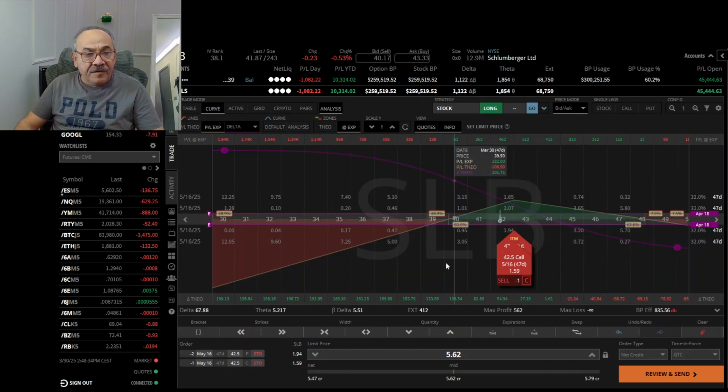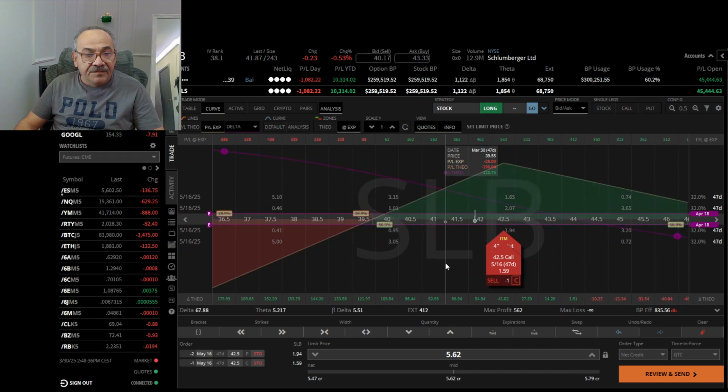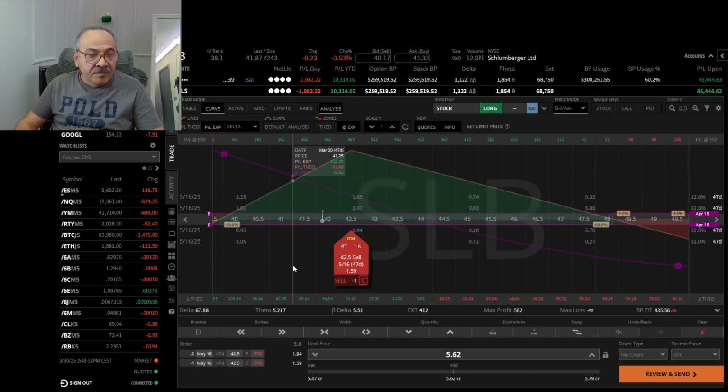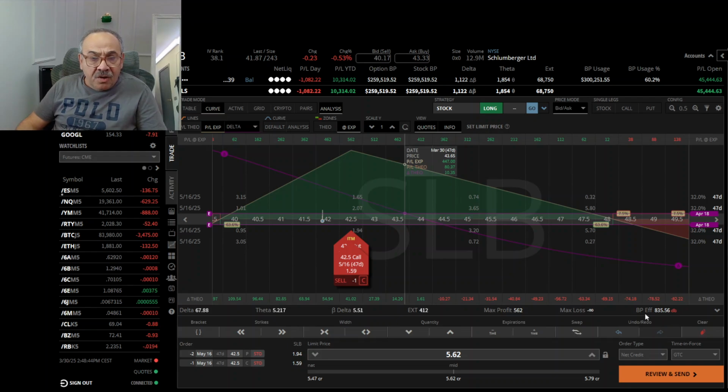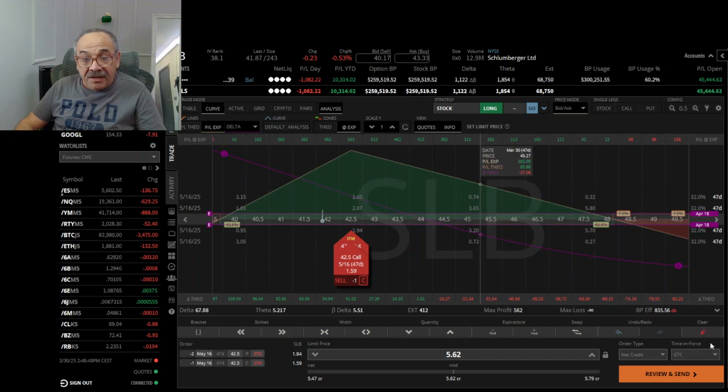Go to the curve. Yeah, buying power is a little bit higher again because it's shorter term and our naked puts are in the money right now. This is why it's $800.